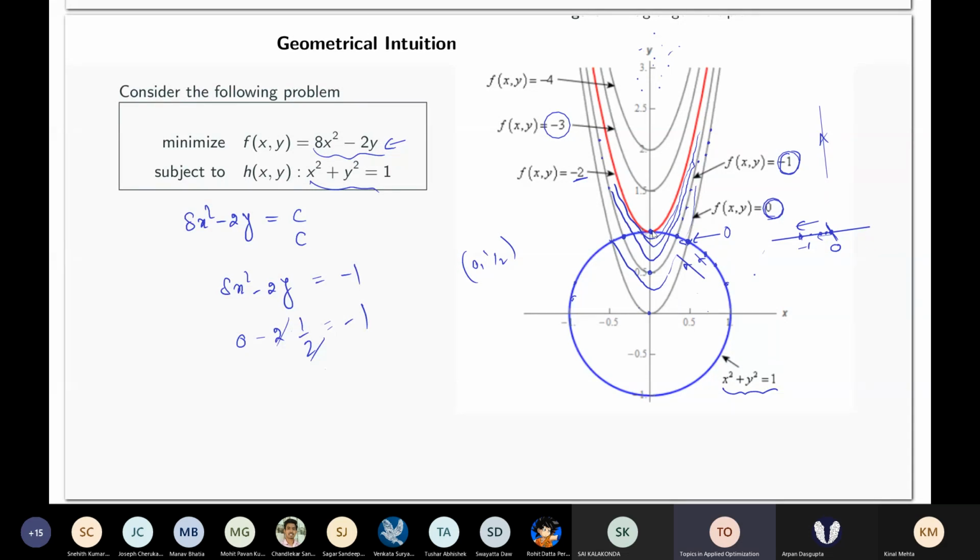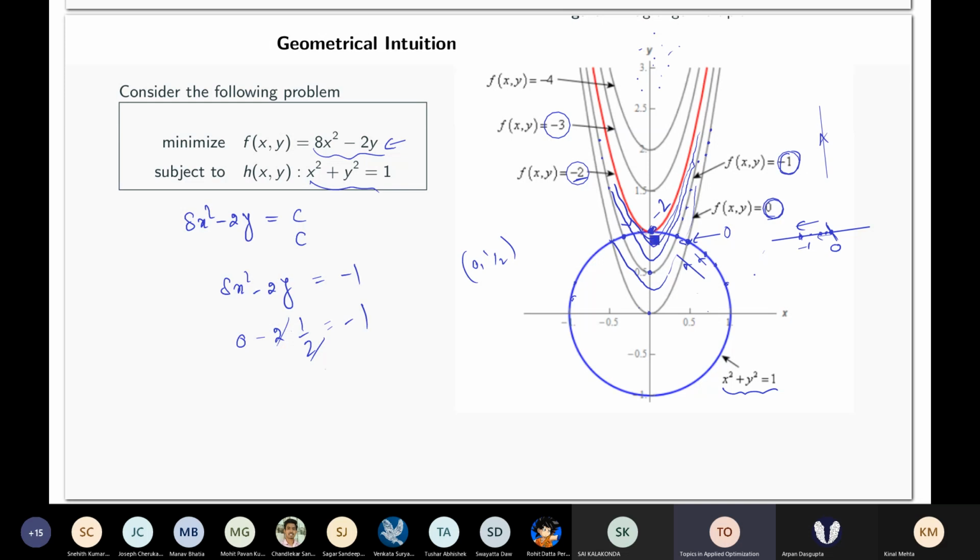That gives me the least value because if I go just immediately beyond that, I start hitting level curves which again give me a higher value. Remember, if we focus on this -1, this red one is -2. So I reached here and got the -2 value. The moment you go beyond, you start hitting level curves that take higher values.